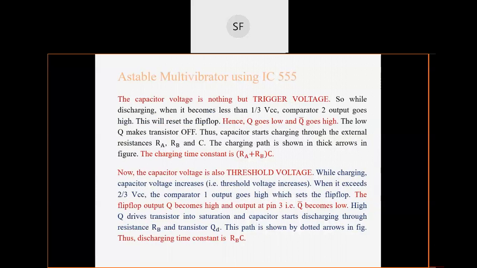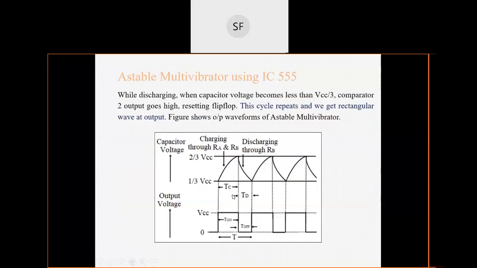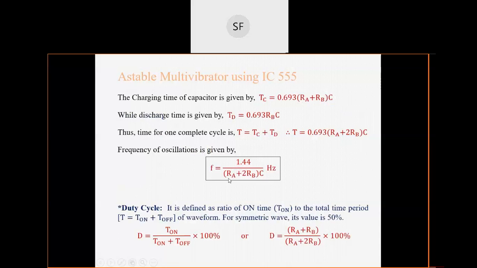And then the output waveforms are again very important. From this output waveform only, the examiner, or the one who is checking your paper, can verify that your knowledge is clear, the concept is pretty much clear to you. So this is all about astable multivibrator.